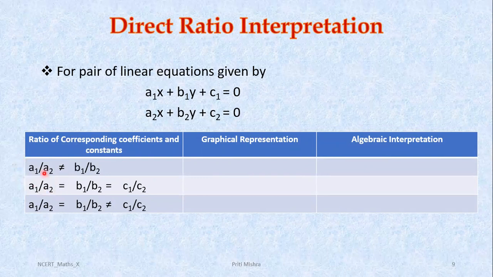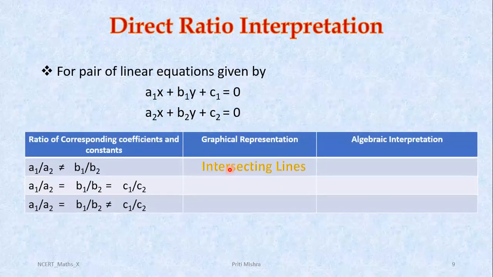So if you are finding A1 upon A2 is not equal to B1 upon B2, means if these two ratios are not equal, then what kind of graphical representation can we have? We will be having intersecting lines, and intersecting lines means unique solution. You know very well, I have explained all these things in the graphical method.